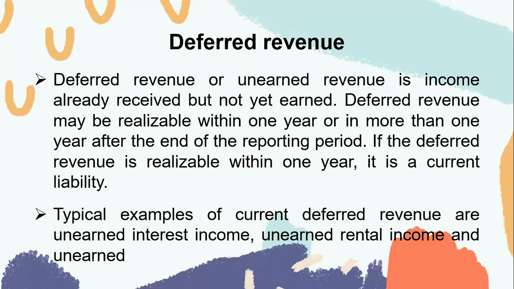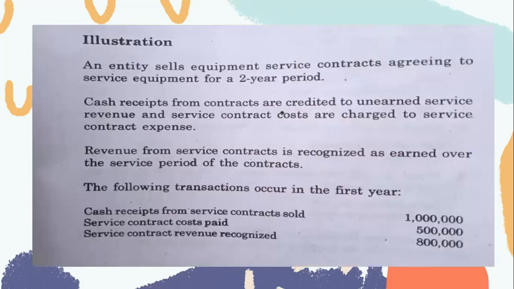Next, an illustration. An entity sells equipment service contracts, agreeing to service equipment for a 2-year period. The cash receipts from contracts are credited to unearned service revenue and service contract costs are charged to service contract expense.